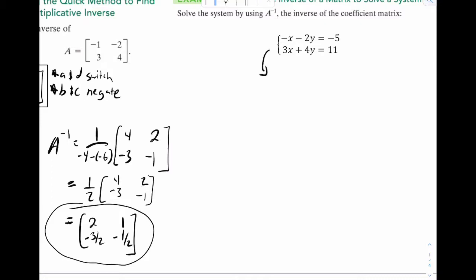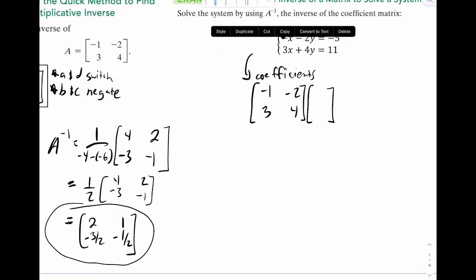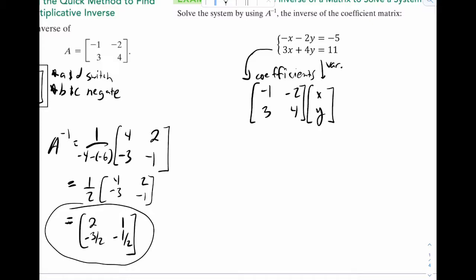You can convert this to a matrix by taking the coefficients: -1, -2, 3, and 4. Then we take the variables, x and y. And then your answers are over here, -5 and 11.